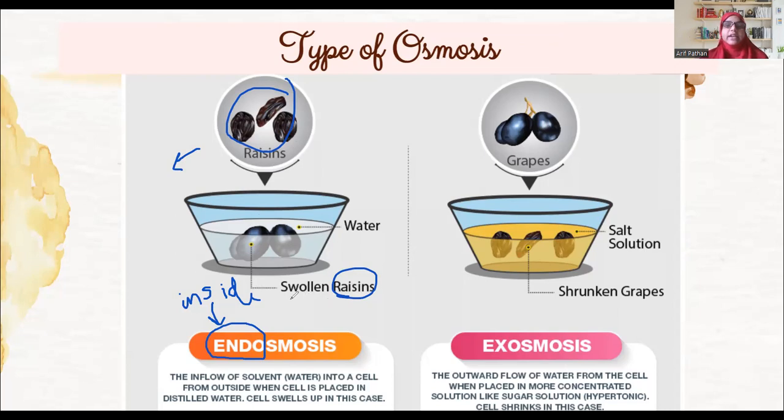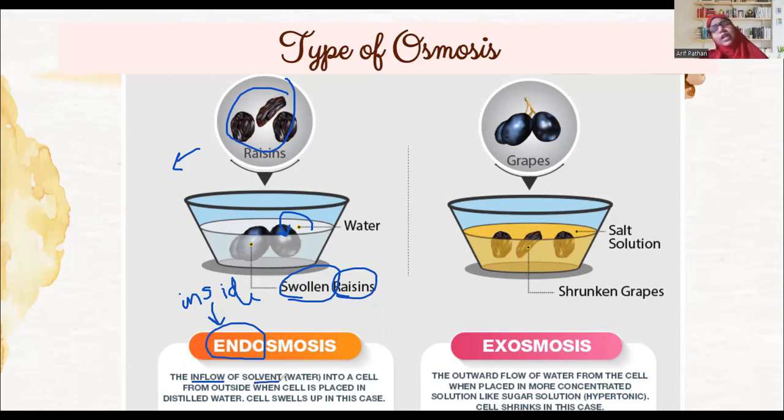The raisins are swollen. So what has happened? Anyone will say the water from the container has moved inside the raisin cell until it becomes fully swelled up. So endo is basically the inflow, movement of water from the outside to the inside.